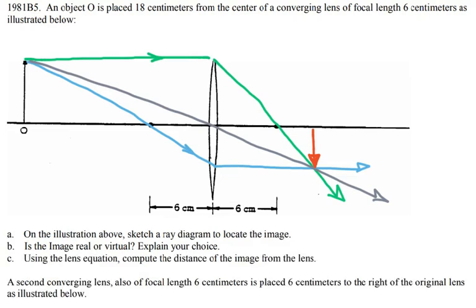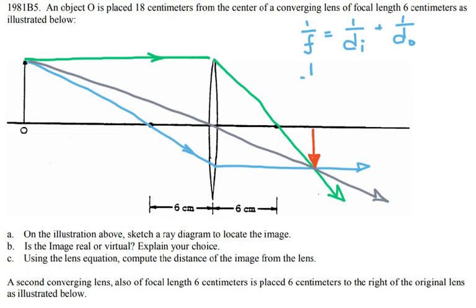For the next question, they say, using the lens equation, compute the distance of the image from the lens. For the lens equation, I have 1 over the focal length equal to 1 over the distance to the image plus 1 over the distance to the object. The focal length is 6 centimeters.